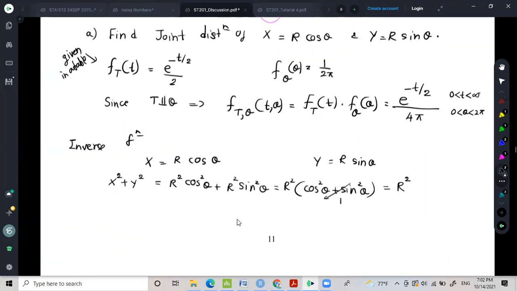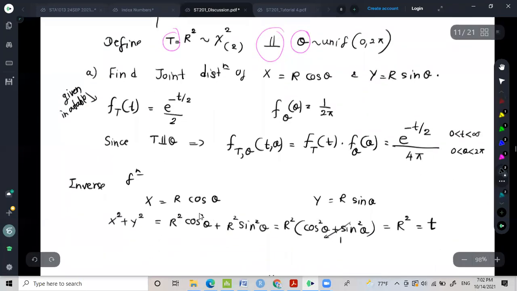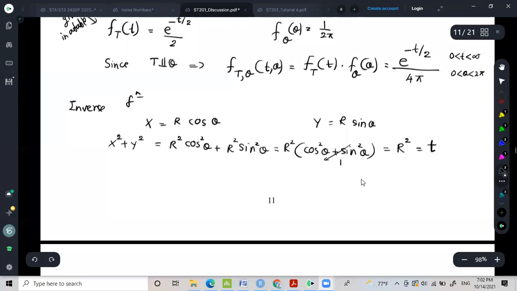The next step is to incorporate t. Sorry, t is r squared. So R square is t, and we know the relationship between x, y, and t. What about theta? How do you define the relationship between theta and x and y? It is from this r cos theta and r sin theta again. Sin theta divided by cos theta is tan theta. So y over x is r sin theta over r cos theta.